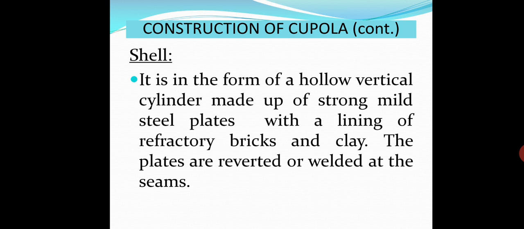In the diagram you have seen, the body is called the shell. The shell is in the form of a hollow vertical cylinder made up of strong mild steel plates with a lining of refractory bricks, and below, clay is given.